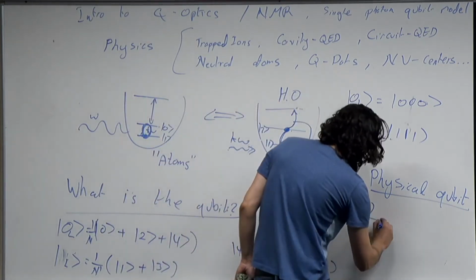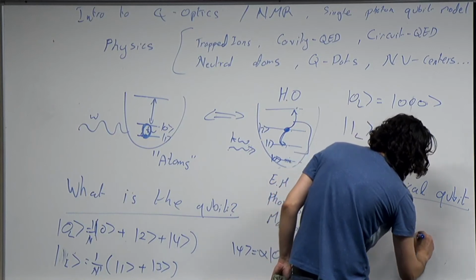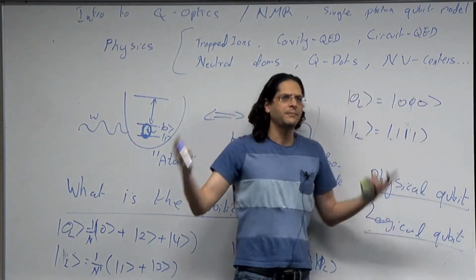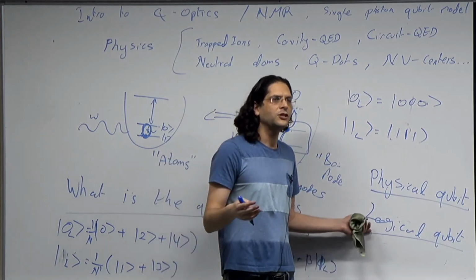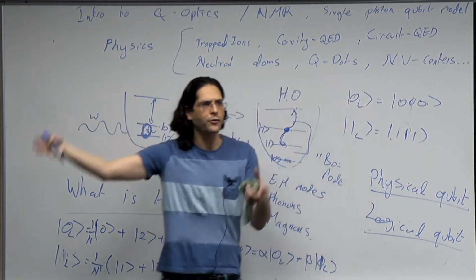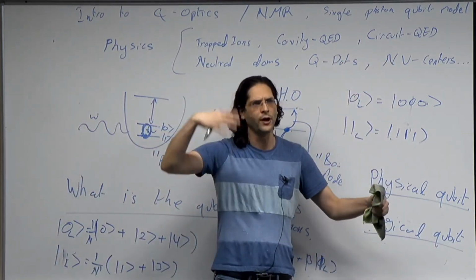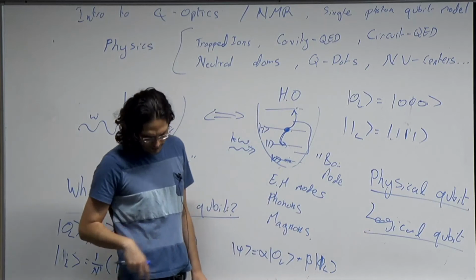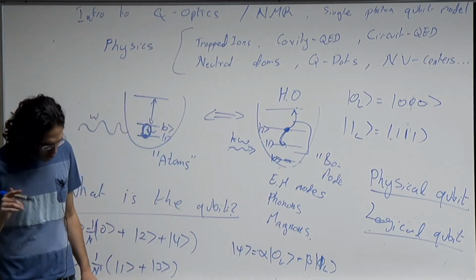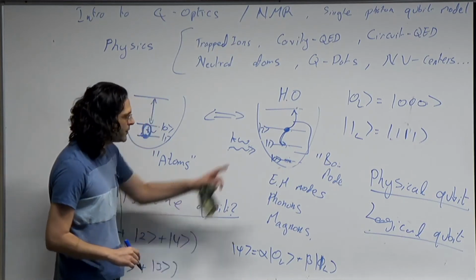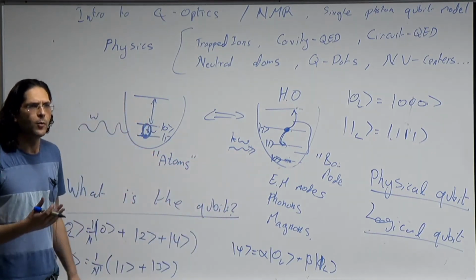And there's the logical qubit, which is composed of many, many levels. And a logical qubit can be composed of many other logical qubits. You can concatenate this further and further to make your error correction more robust. So this was a short introduction into physical qubits, logical qubits, and what we're looking for.